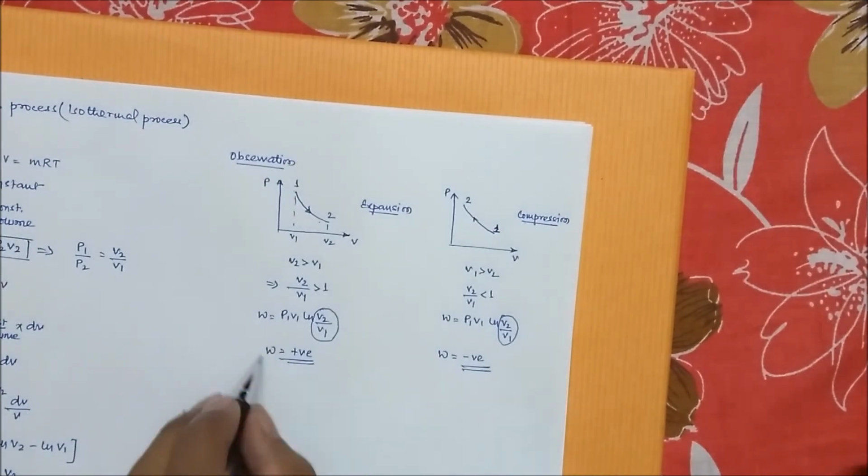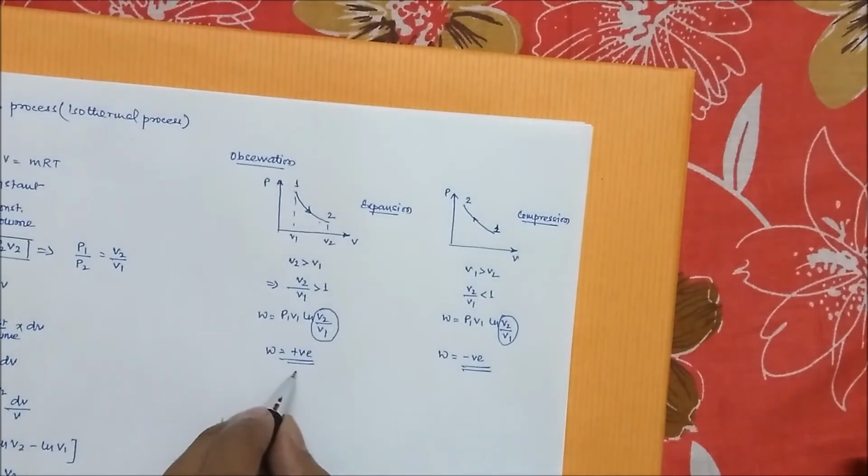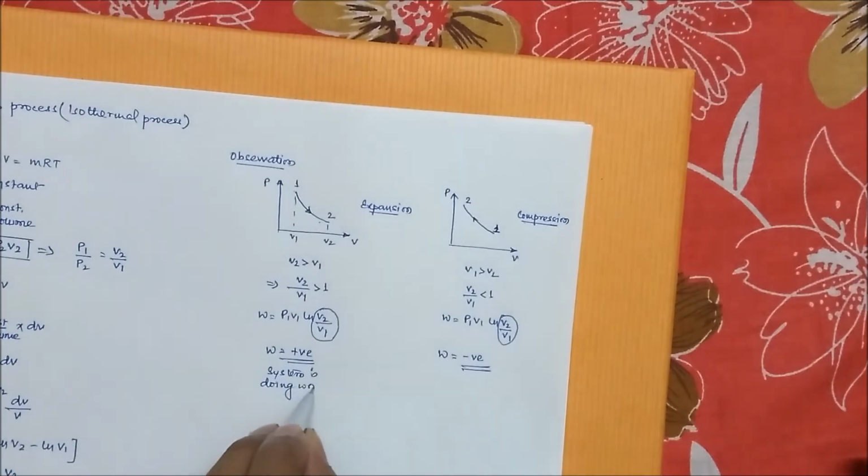What we have observed from these two examples is that when the process is of expansion, the work done is positive. That means the system is doing work.